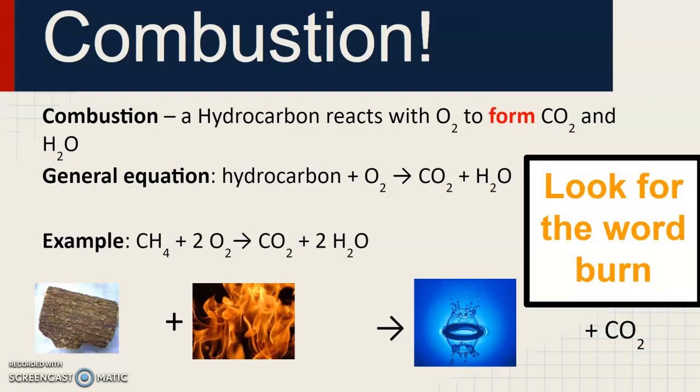So if you see on the left any kind of CH compound plus oxygen, and on the right-hand side you see CO2 and water, it's going to be a combustion reaction. And then the example, CH4 plus 2O2 will yield CO2 plus 2H2O, and that is a balanced combustion reaction.